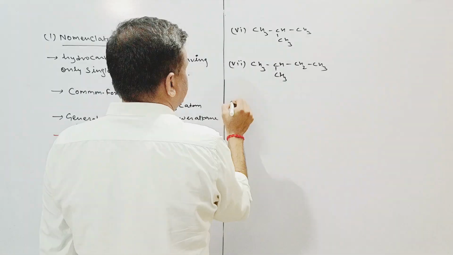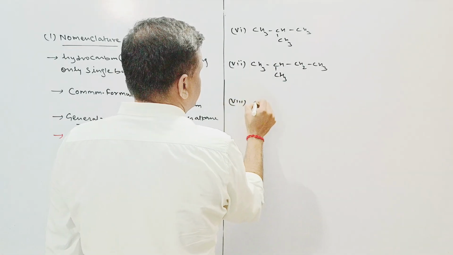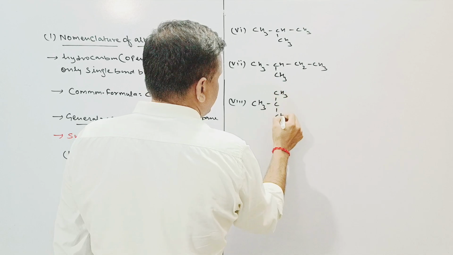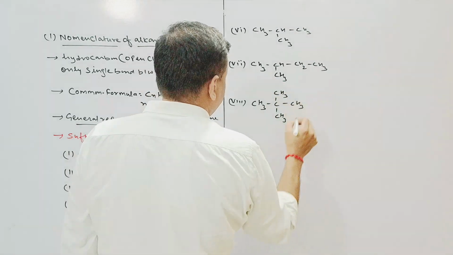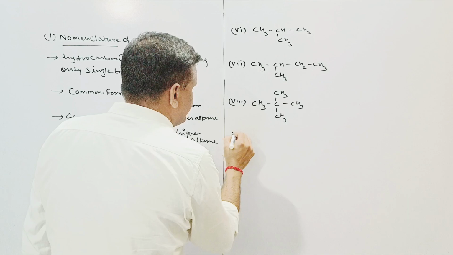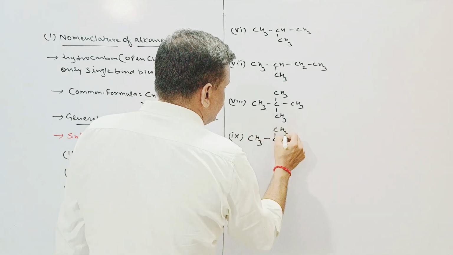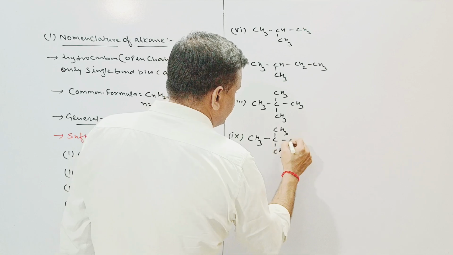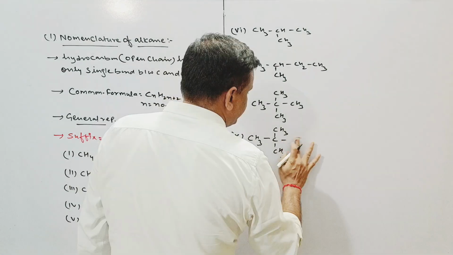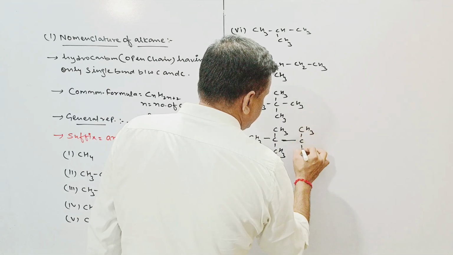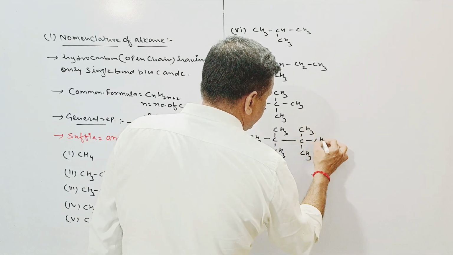Further, we can take CH3, CH2, and then another compound with C, CH3, CH3 and CH3. Further, we can take CH3, CH3, and CH, or C with CH3, CH3 and CH3.